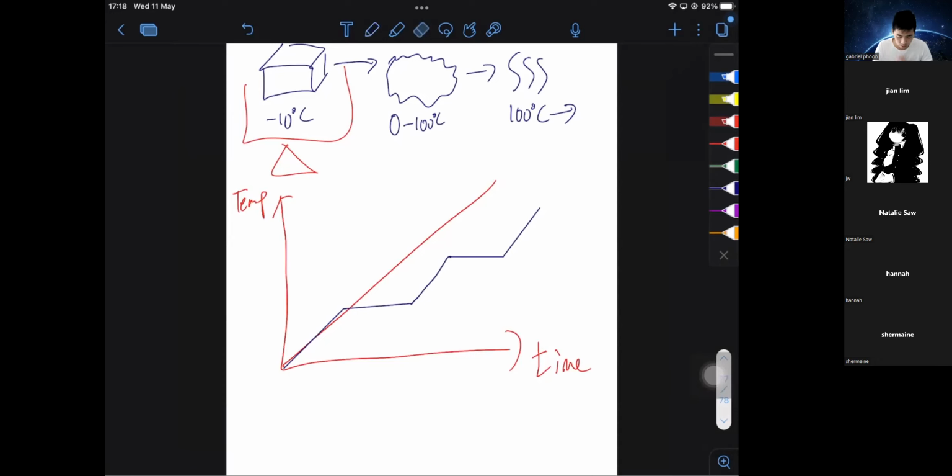I think you guys learned this in chemistry as well. But first question here, can anyone tell me why the temperature flatlines at two specific points? What is going on there? Can anyone tell me what's going on during the horizontal flat lines?